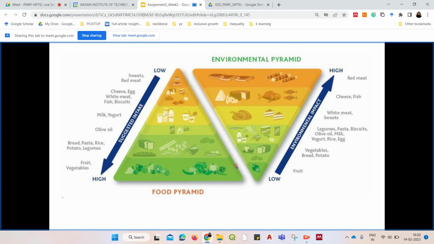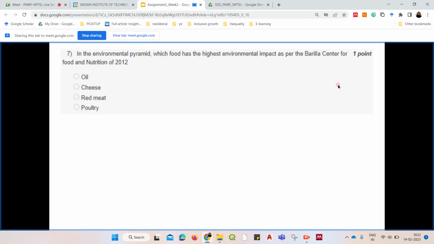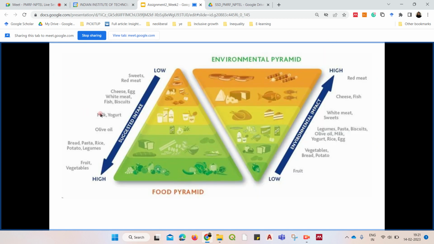And as you move higher up in that trophic level, so like food coming from animal sources, the impact generated by them is more, and the amount of intake suggested by this food pyramid, suggested by the Barilla Center for Food and Nutrition, is also reducing.